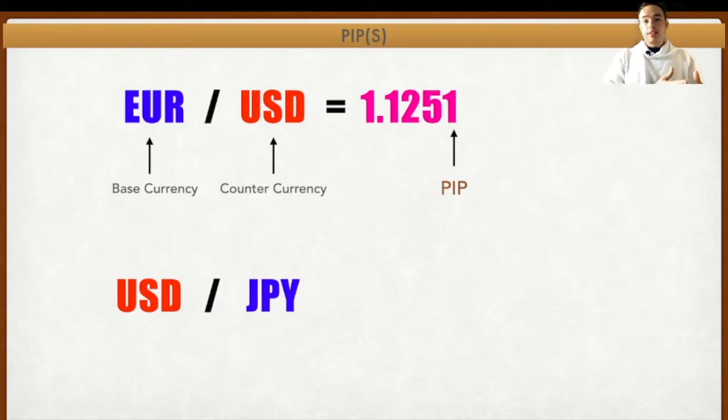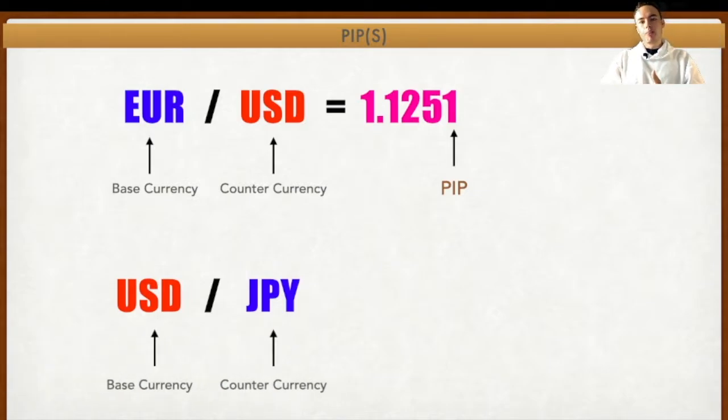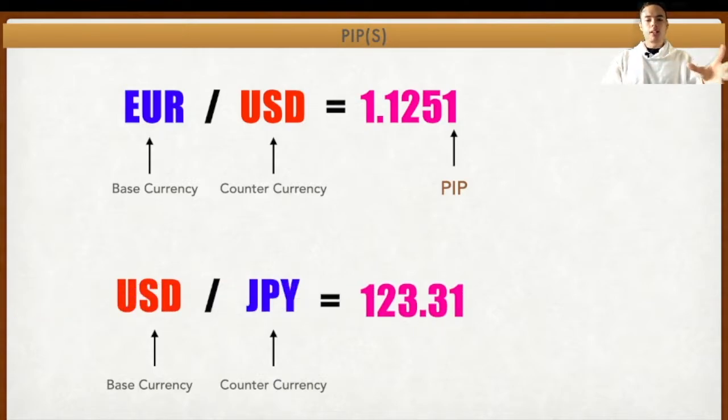Then you get your Japanese yen pairs, where it's only considered two units after the decimal. So in this example, USD is your base, while the Japanese yen is your counter currency. This is a random price again, 123.31. Okay, it will be along the lines of this.